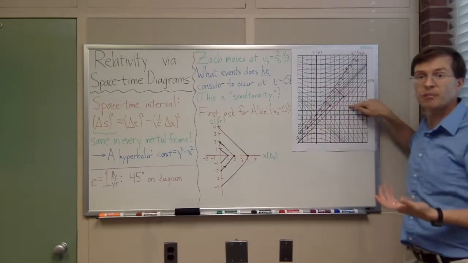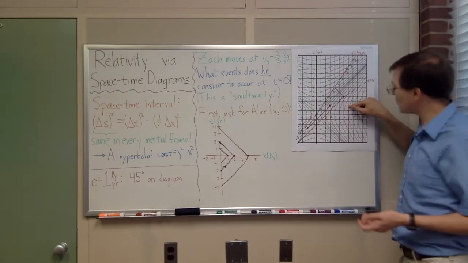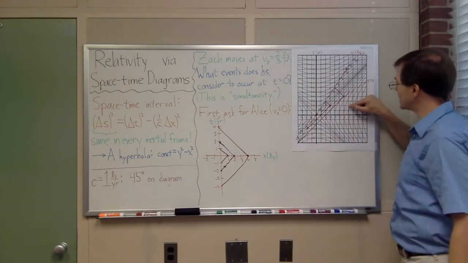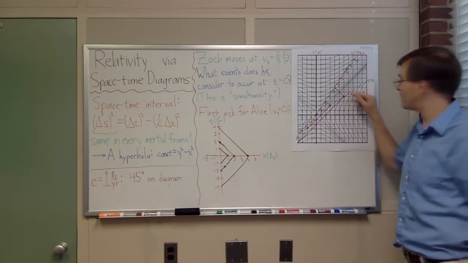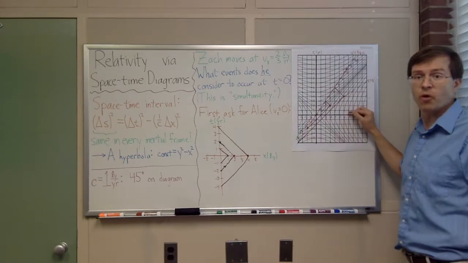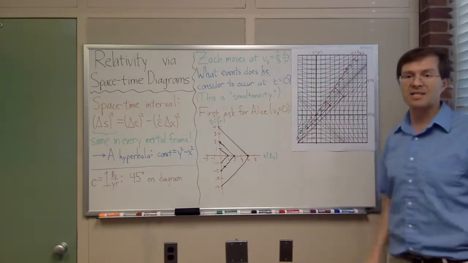So Alice would say the birthday party happened after Zach passed by Alice by 2 years. Zach would say, no, time equals 0 is all the way up here. Zach would say this birthday party happened, well, I can't measure exactly, we'll learn later how to measure the time, but Zach would say that point, lower down on the graph, is before time equals 0. So Zach would say that the birthday party was before Zach passed Alice.